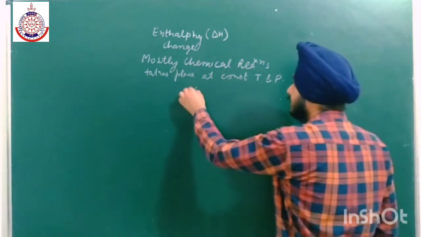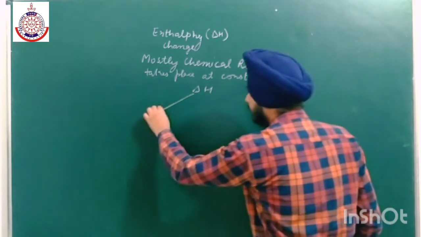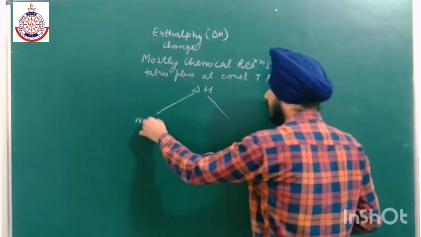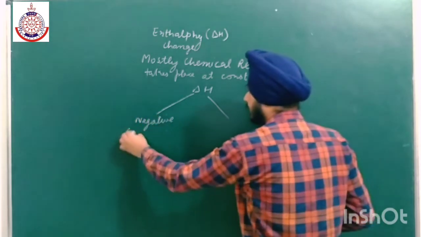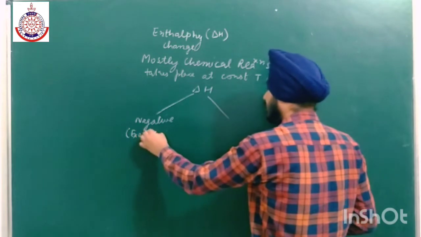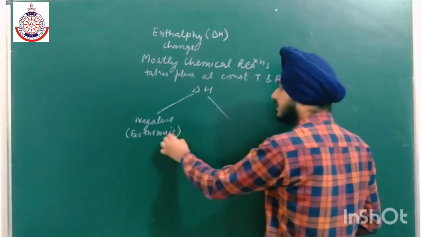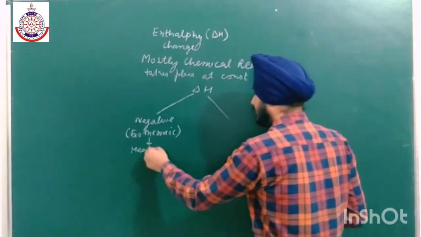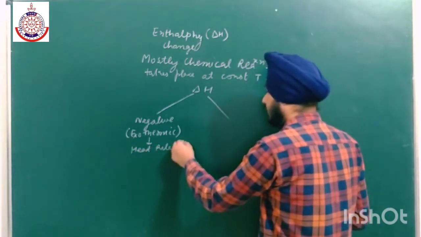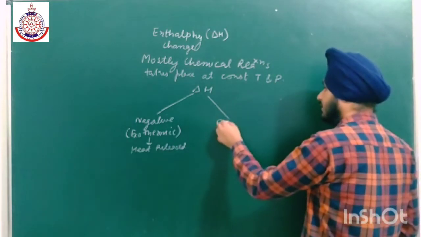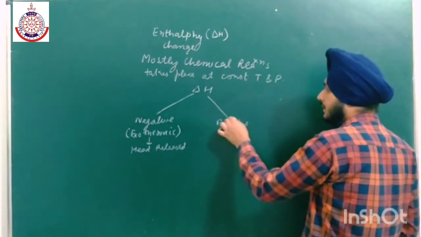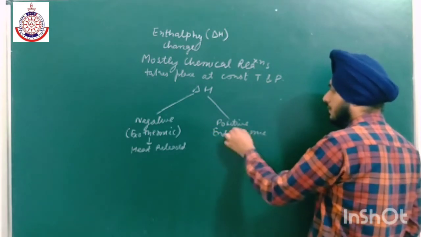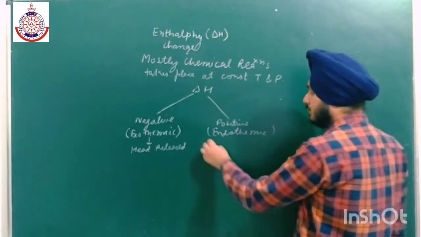Enthalpy change delta H is negative for exothermic reactions, the reactions in which heat is released, and it is positive for endothermic reactions, in which heat is absorbed.